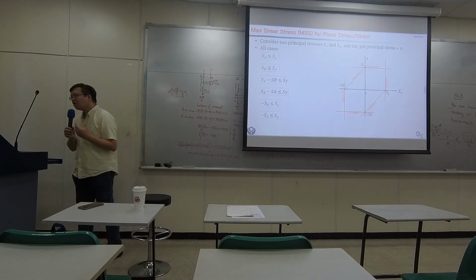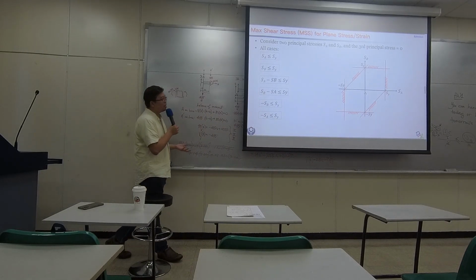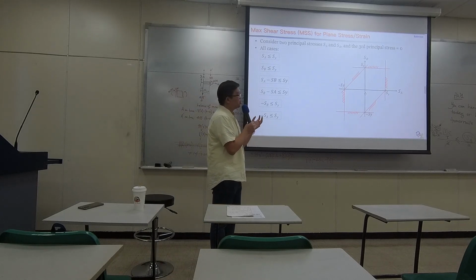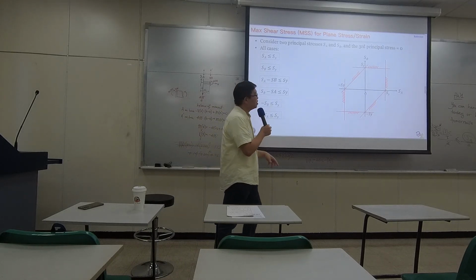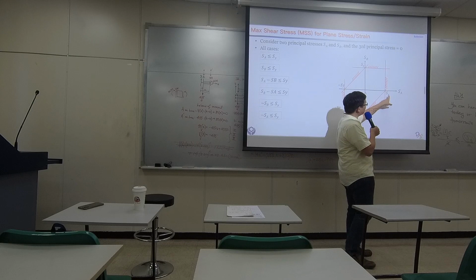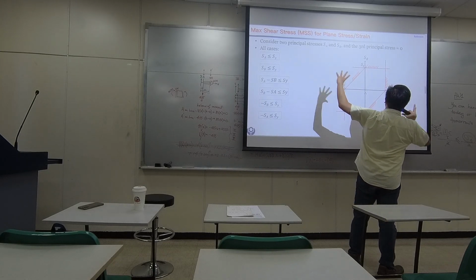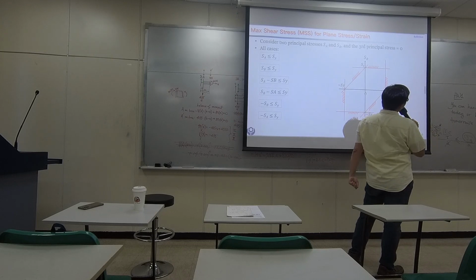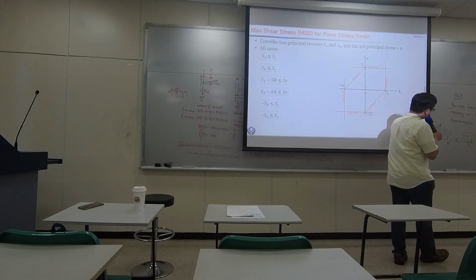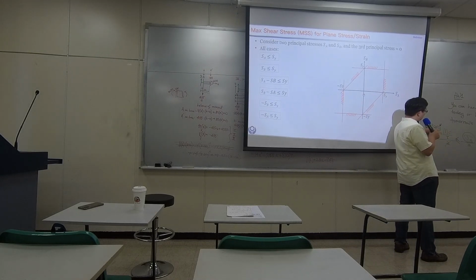So what would happen if you change your material? If you change your material to a stronger one, that means this red region becomes larger. Okay? What will happen if you try to carry a smaller load?